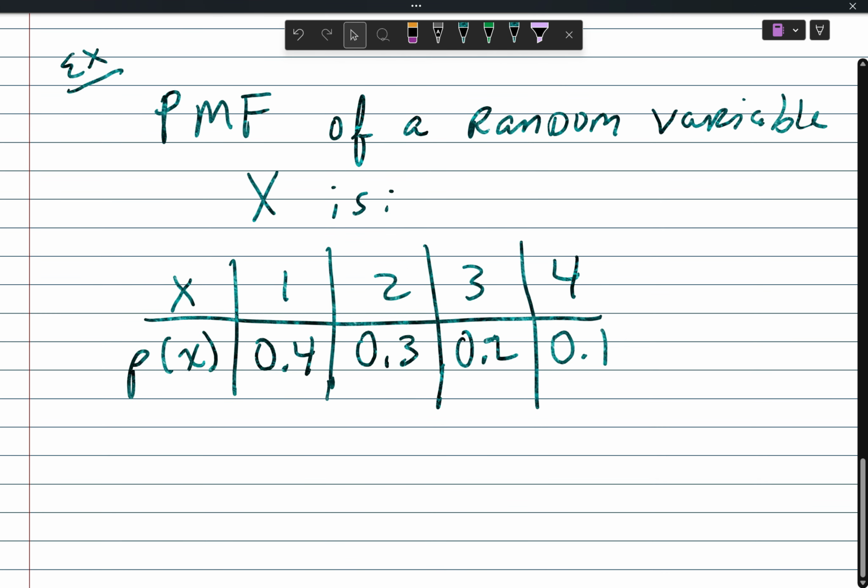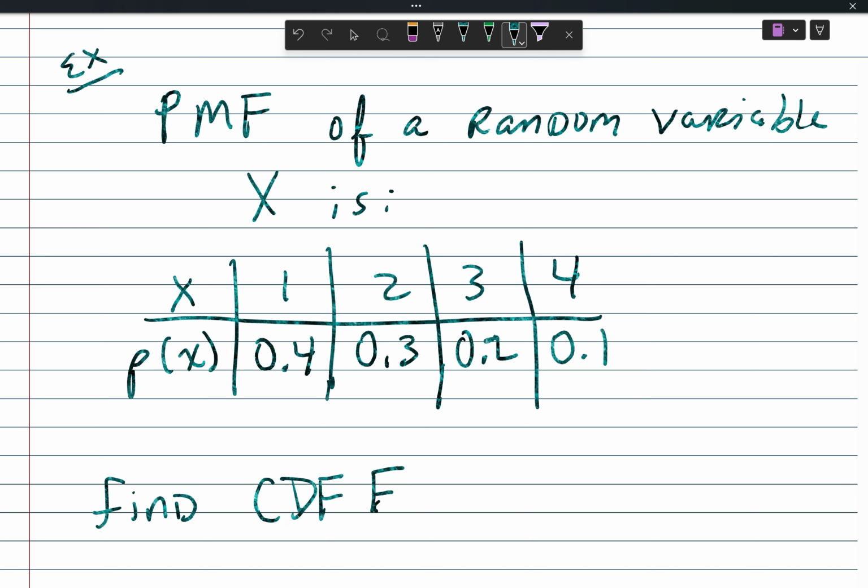What are we going to do here? We are told to find the cumulative distribution function, the CDF F(x).